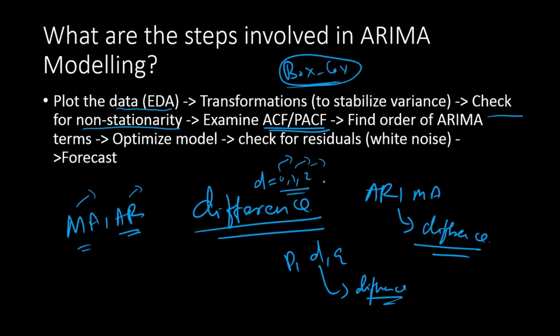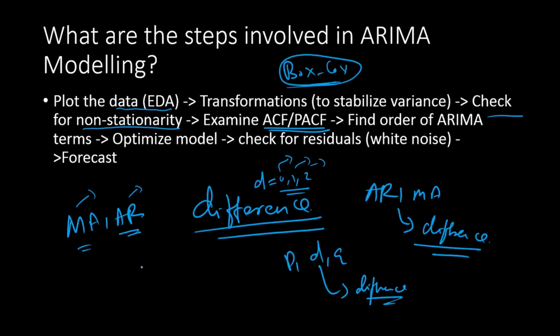So the next step would be to find out the optimal orders for AR, MA, and D. You can find that out by using some standard metrics. We'll talk more about it in one of the next questions.